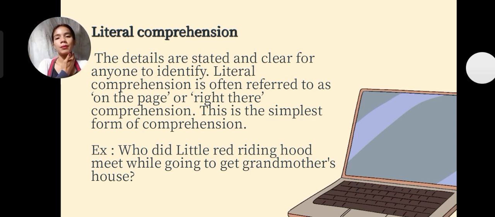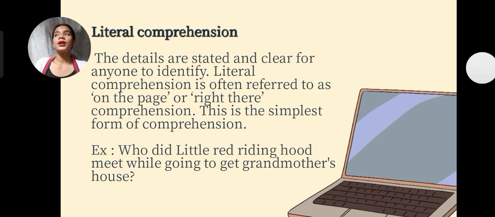So for example, here we are using the story of Little Red Riding Hood. The question is, who did Little Red Riding Hood meet while going to her grandmother's house? If I am going to answer this, my answer would be Wolf, because the question is asking who.